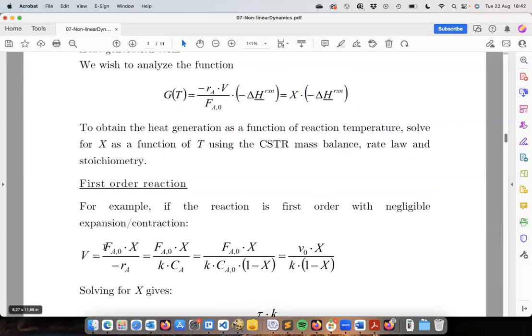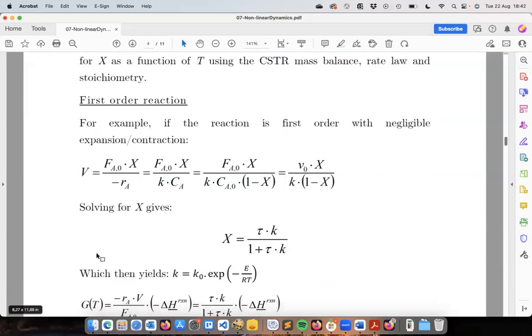Now, if we think back to our material balance, if we have a first order reaction, then our reaction rate is kCa, right? So first order reaction means the rate of reaction is proportional to the concentration of A. So that's a simple first order reaction. And of course, the concentration of A can be written as Ca naught times 1 minus X.